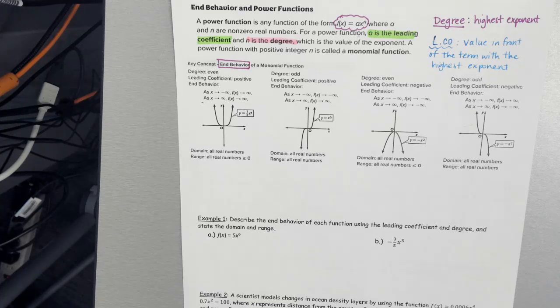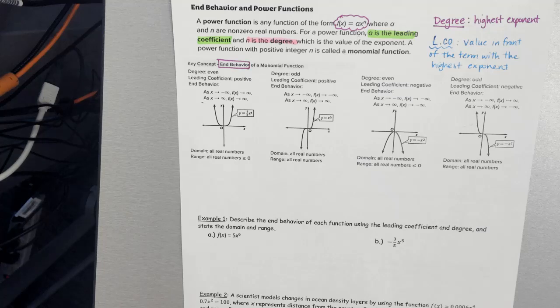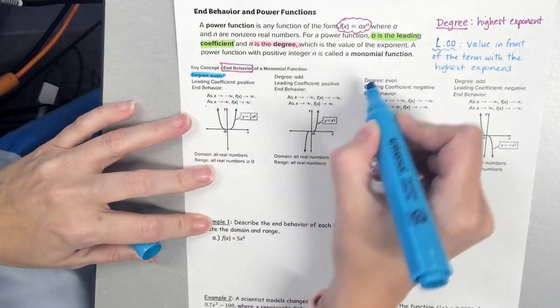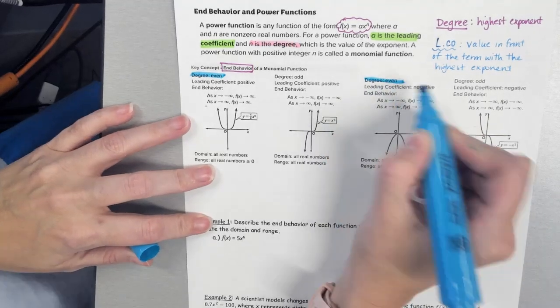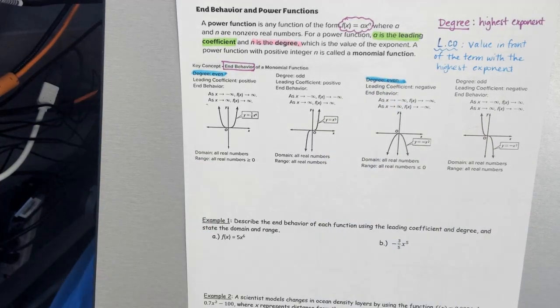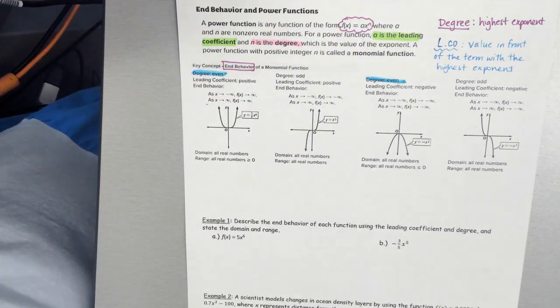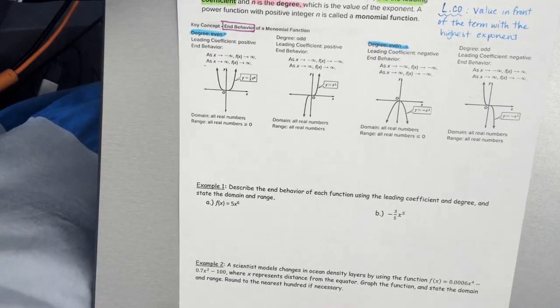And then I just want you to talk to your row about what you notice about the two even ones. Okay, so the two even are here and here. Okay, so Gloria and Andy, what did you guys say about both even graphs? What did you guys notice?